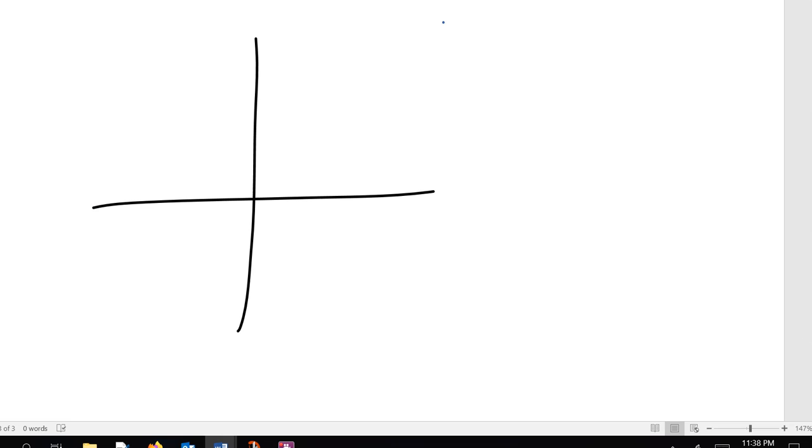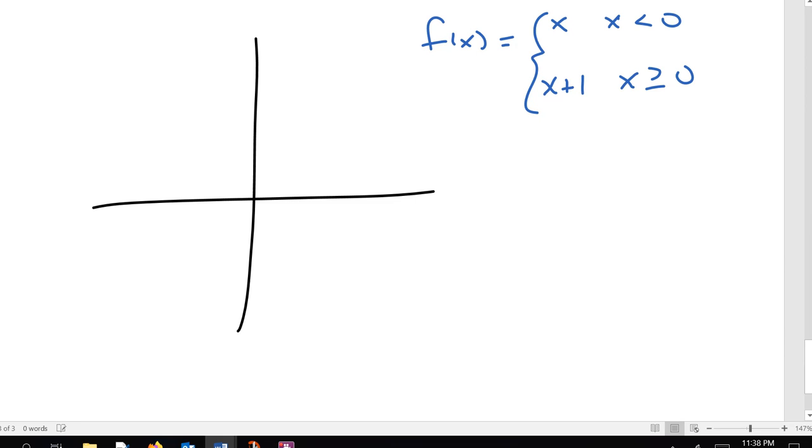Let's think about a piecewise function here. If x is less than 0, we're just going to say it's equal to x. And then if x is greater than or equal to 0, let's say it's x plus 1. So this graph is going to look like that. Right?